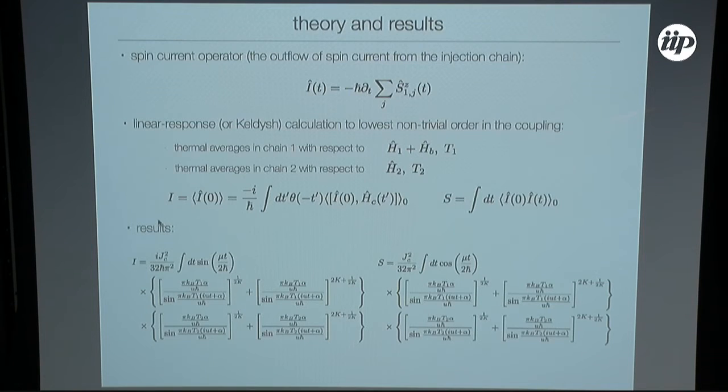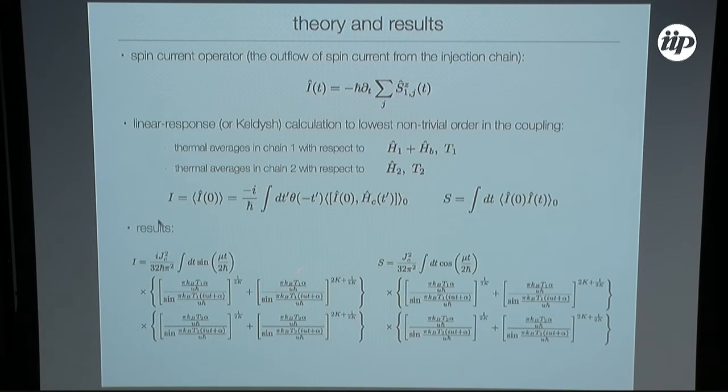So we define the thermal average in chain 1 with respect to the bias Hamiltonian and the spin chain Hamiltonian at temperature T1, and the thermal average for chain 2 with respect to the spin chain Hamiltonian at temperature T2. The lower chain doesn't have the bias term. So then you can calculate using linear response, and the results are here.